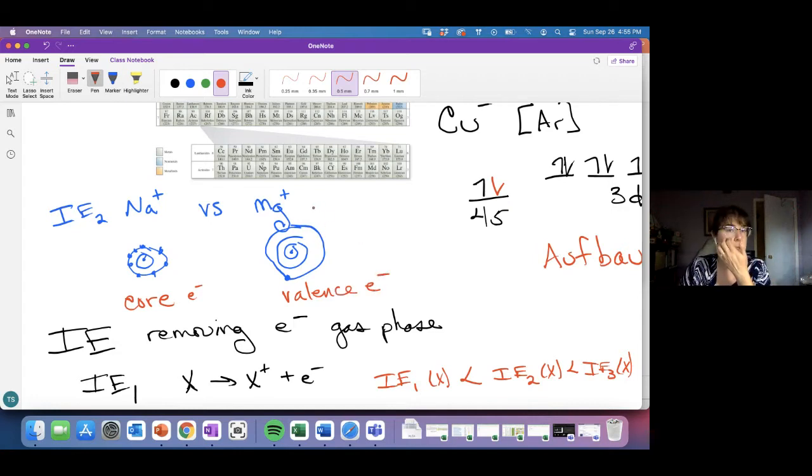So in this case, you would expect the second ionization energy of sodium to be greater than that of magnesium. And that really is based on the fact that now we're removing core electrons.